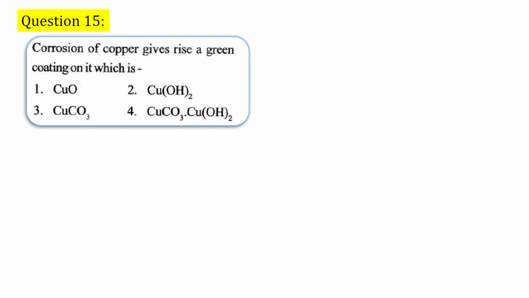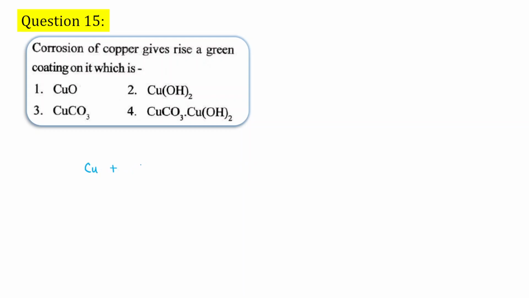Let's go for the next question. Corrosion of copper gives rise to a green coating on it, and they're asking for the formula of the green coating. Generally, when copper is exposed to moist air, it forms carbonate and hydroxide. So the reaction can be represented like this.